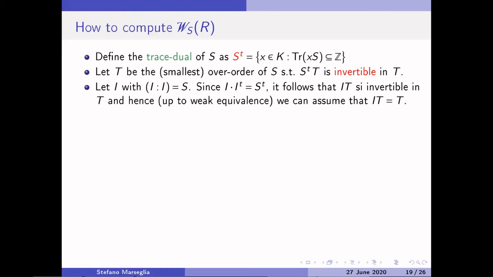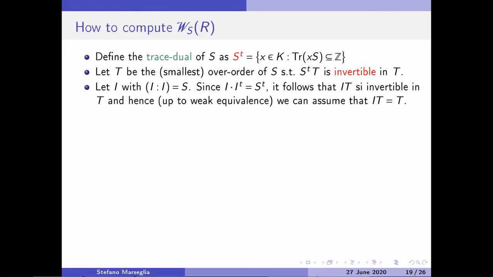So the way to do this goes as follows. We have a surjective map from the Picard group of S to the Picard group of T. Since this map is surjective, we are allowed to modify our ideal by invertible ideals. If you remember weak equivalence, one of the equivalent definitions of weak equivalence is that you can multiply by an invertible ideal and you're not changing the weak equivalence class of the ideal.